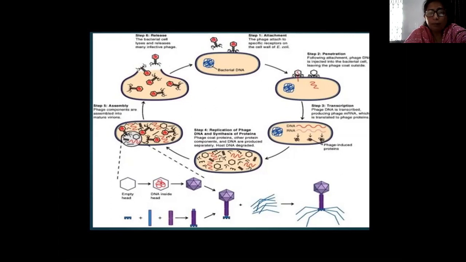In the meanwhile, the host DNA gets degraded by the enzymes and the proteins produced by the phage DNA.